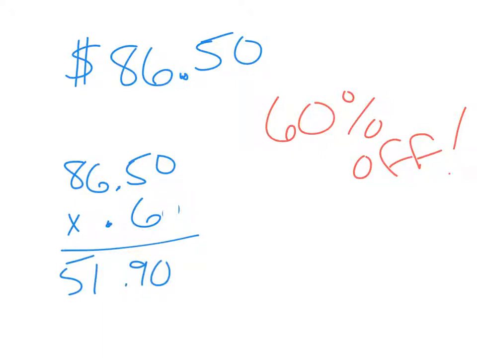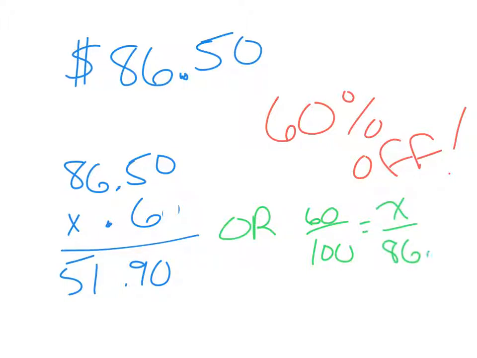And you would get the same answer had you approached it the other way if you instead decided to think about it as what is 60% of 86.50. So this is your of. You could have said 60 over 100 is equal to x over 86.5. And you'd get the same thing because 86.5 times 60 is 5,190, then divided by 100 is 51.90. So again, you're seeing the same result. You'd still get the same $51.90.